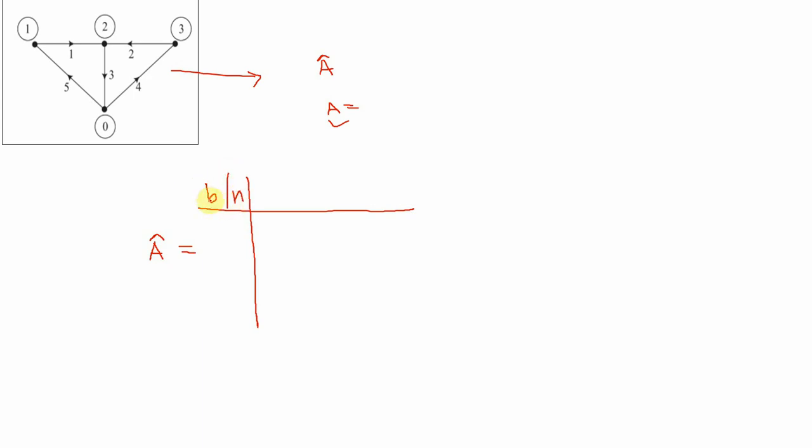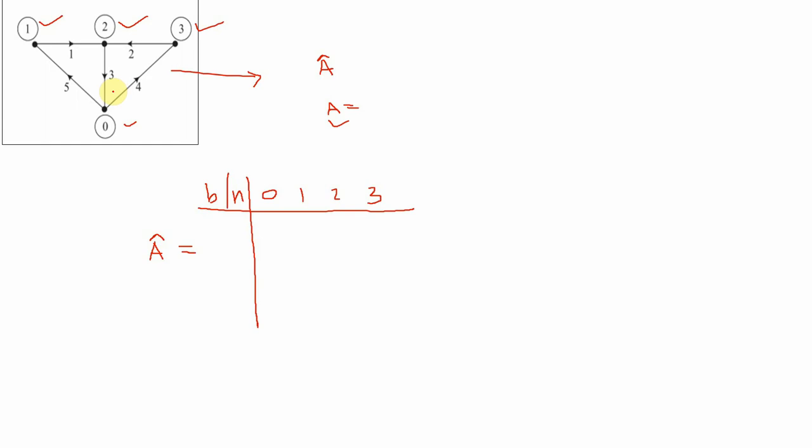I simply represent B for branches, N for nodes. How many nodes are there in this particular graph? If you observe, this is 1, 2, 3 and 4. So total 4 nodes are there. So here in the horizontal manner I am going to write 0, 1, 2, 3. So this is a total of 4 nodes.